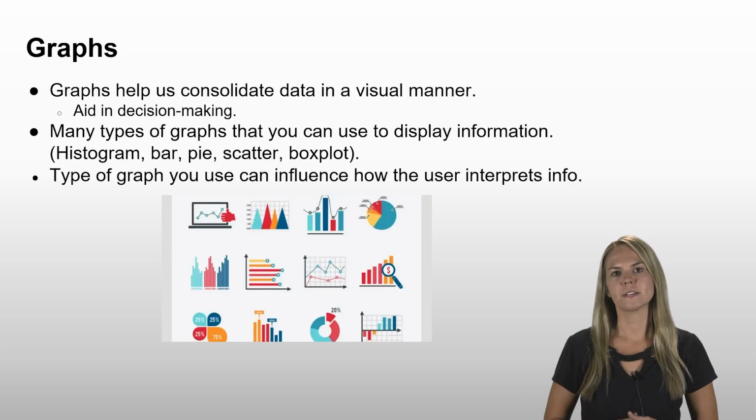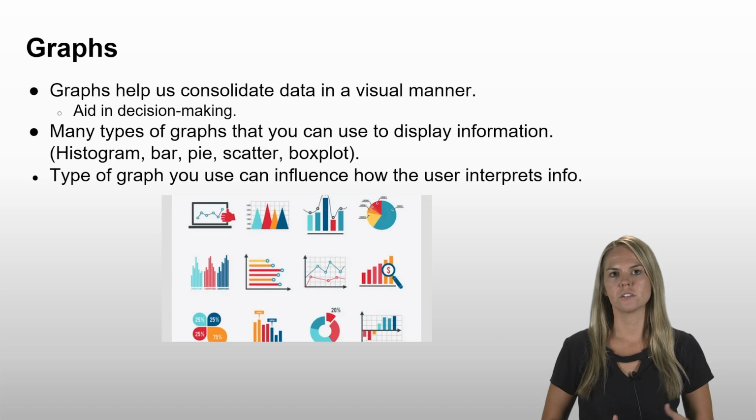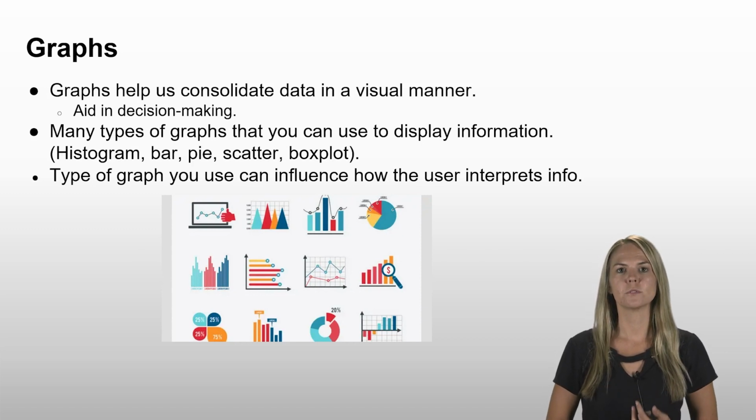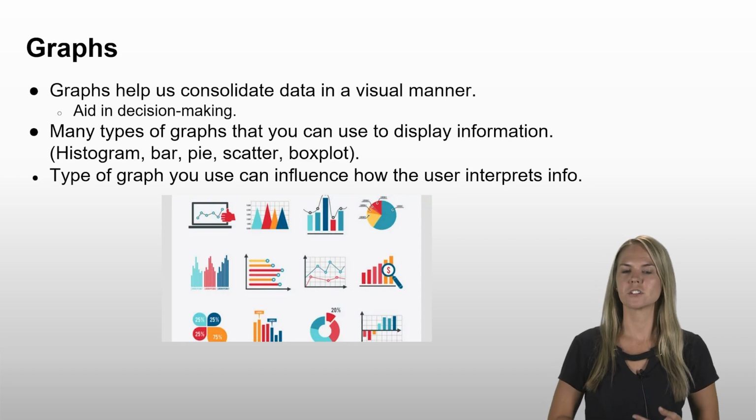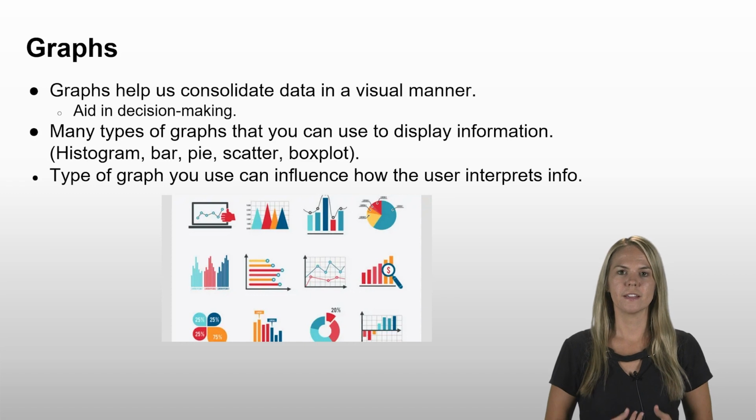So 2 of the things that we had not discussed yet in part 1 was our displays through graphs and our displays we touched on a little bit in the map department. Graphs are very nice consolidation of data that you can get visually.